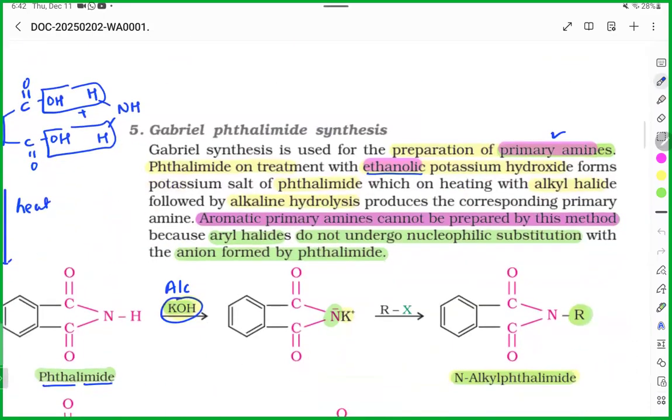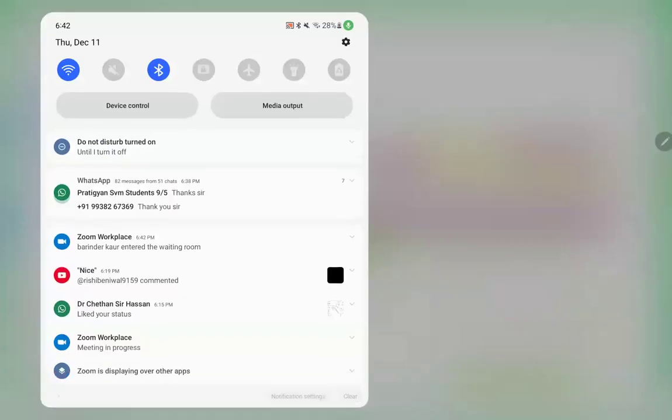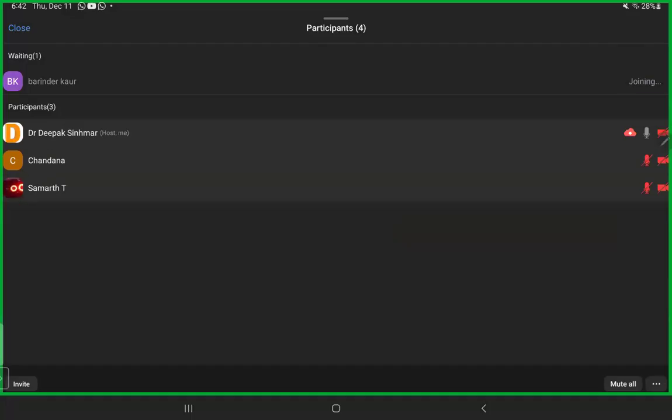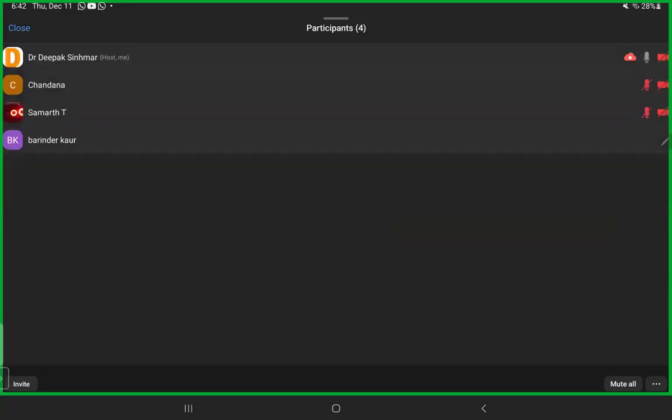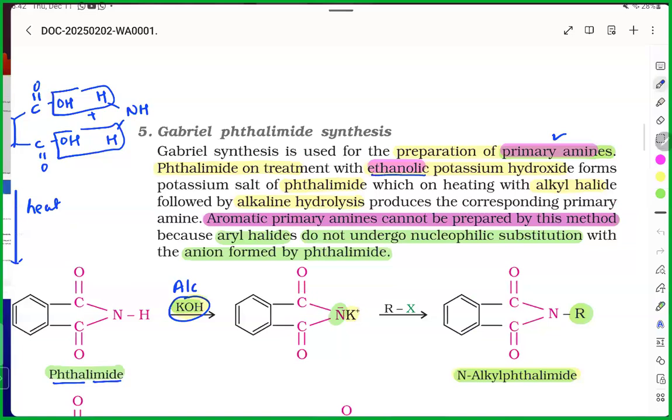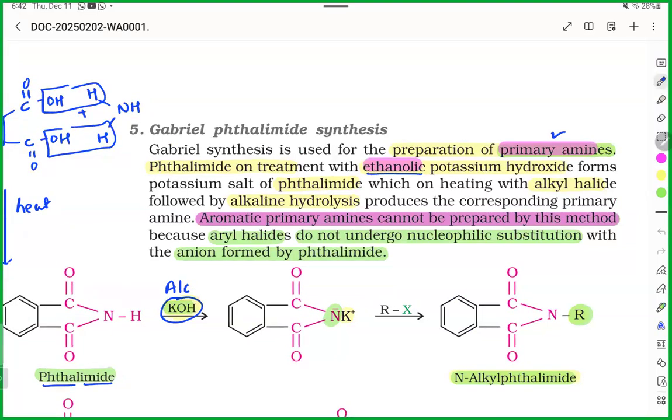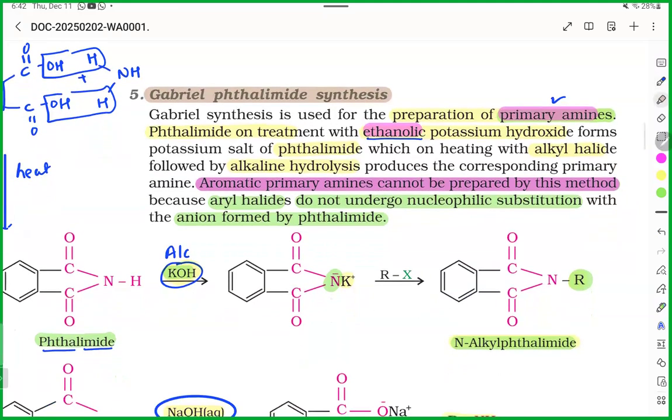Move to the next topic, Gabriel phthalimide, very popular for the board and of course for JEE and NEET.